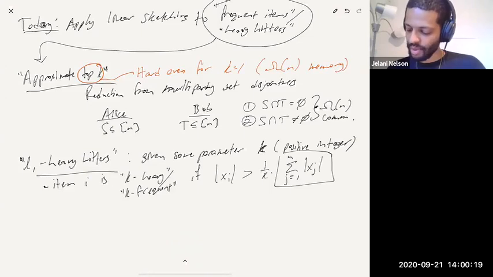Of course, this is just the L1 norm. That's why it's called L1 heavy hitters.